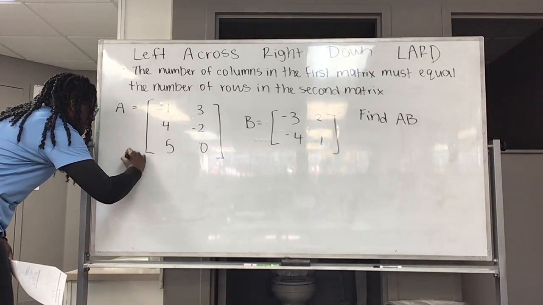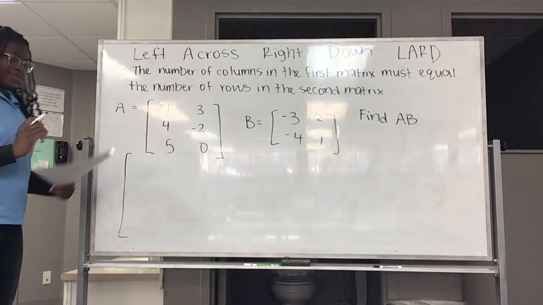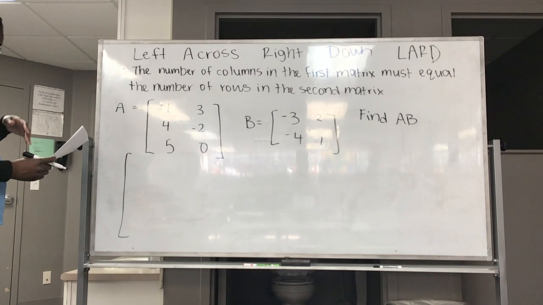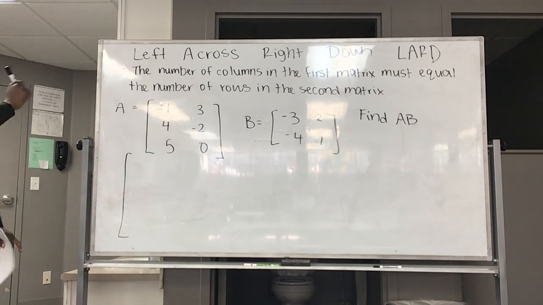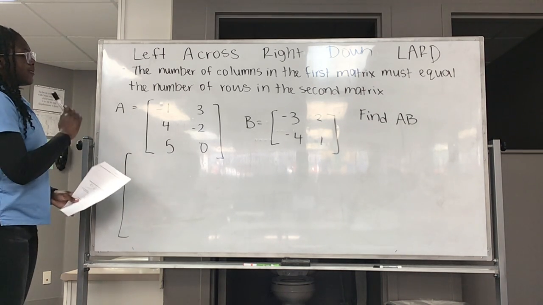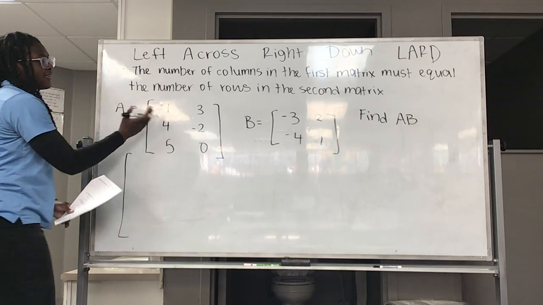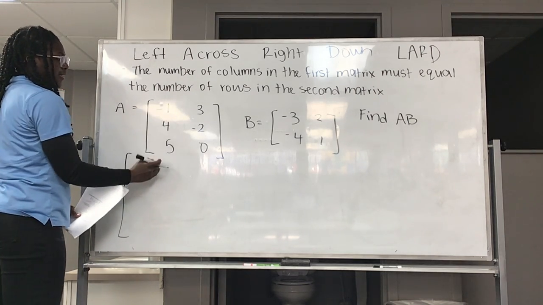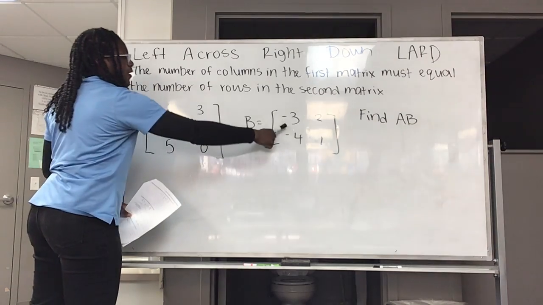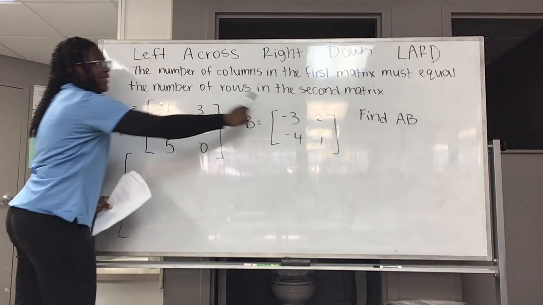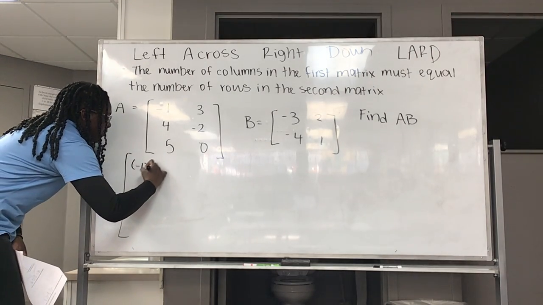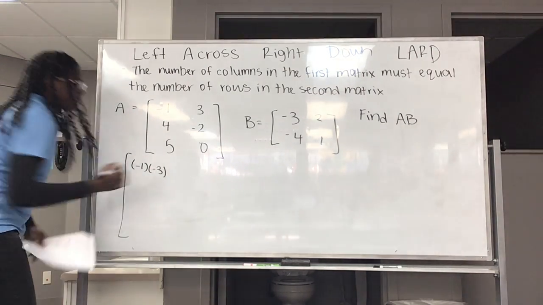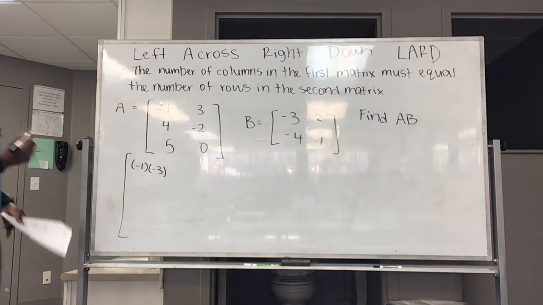Okay, so hopefully you can see all my work. I should have written this stuff smaller. But we're going to do our LARD method, which is left, across, right, down. So to start off with, we're going to do the left column, and then we're going to go across. So I'm going to do -1 times -3. And then we're not done yet.